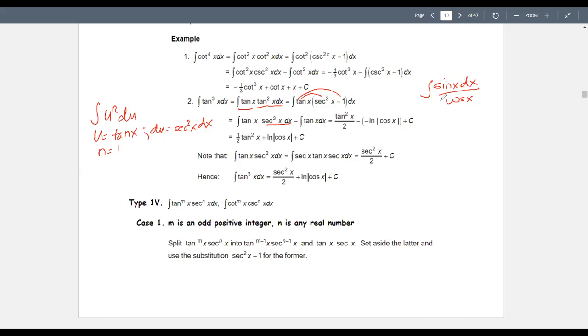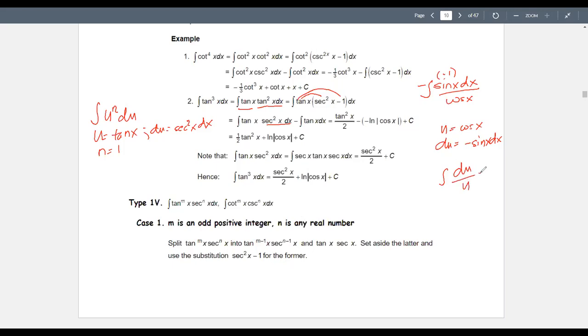Now, if this cosine in the denominator is your u, the derivative of that cosine is negative sine x dx. So you see the only lacking constant here is negative 1. So you place negative 1 outside. Now this is in the form of du over u.